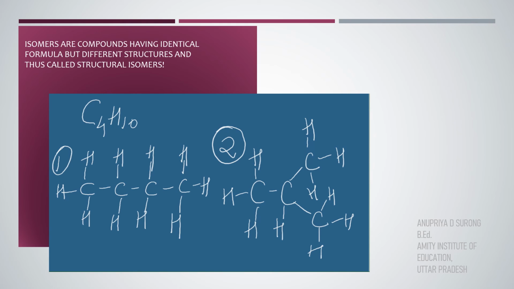So when you count 1, 2, 3, 4, 5, 6, 7, 8, 9, 10. Okay, so here you can find the same molecule having same formula, right? But different structure, and hence these are isomers.